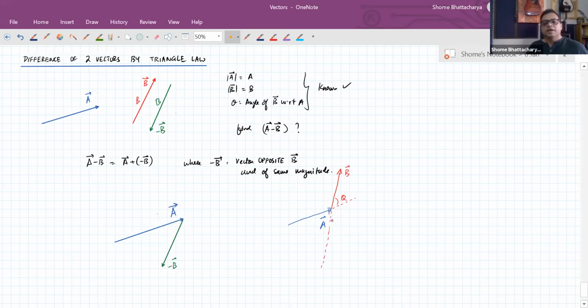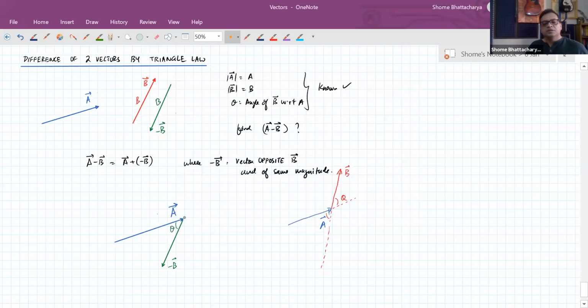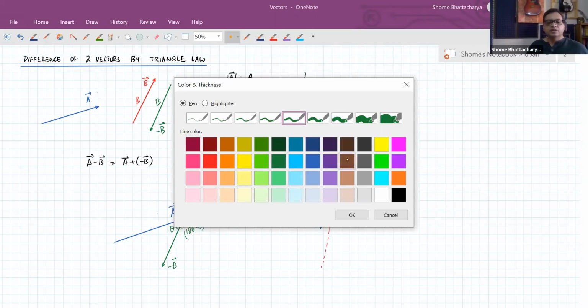Now the vector minus B is along the same line, so the angle between the vector A and minus B actually becomes 180 degrees minus theta.